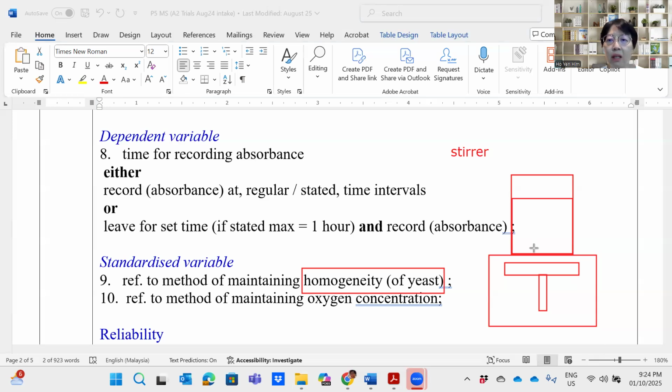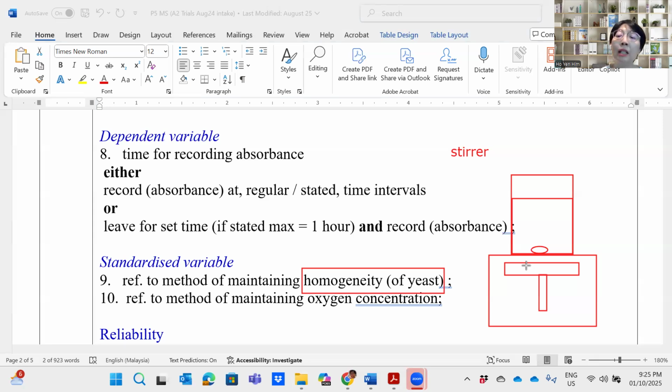A magnetic stirrer is a very tiny thing, like a bullet, that has a magnet in it. When you turn on the stirrer, this metal will start to turn. When the metal turns, it causes the magnet to turn. When the magnet turns, it will stir this solution. So this solution will be stirred all the time, and the speed can be changed by changing the speed of this metal turning.